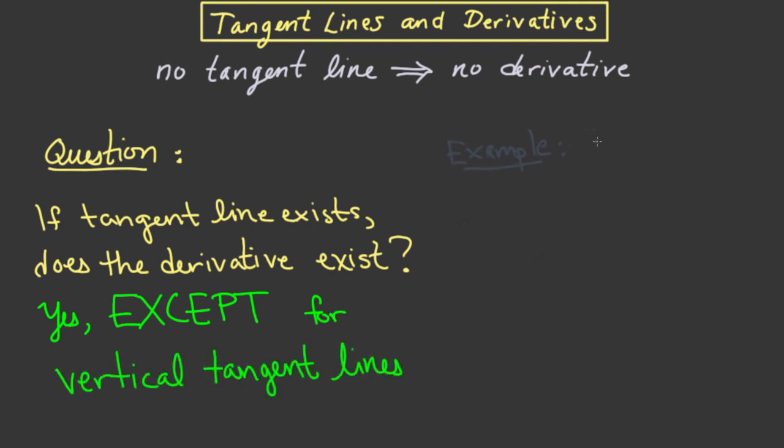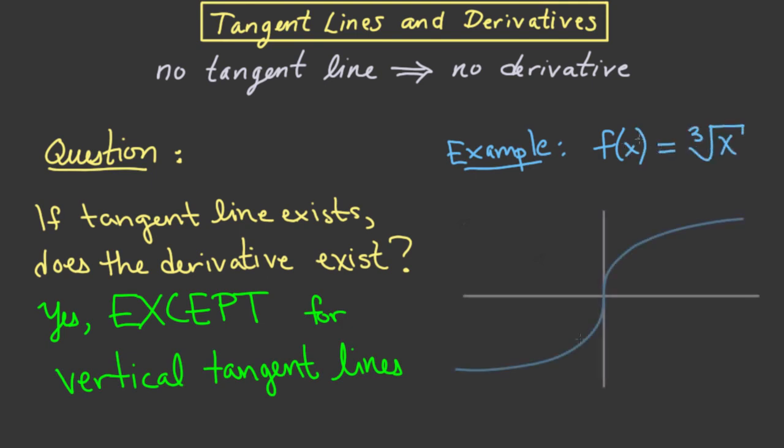An example of this is the function the cube root of x. The graph of this function looks like so, and this function has a well-defined tangent line at x equals 0. However, it is a vertical line. The slope of a vertical line is infinite, so there is no derivative at x equals 0.